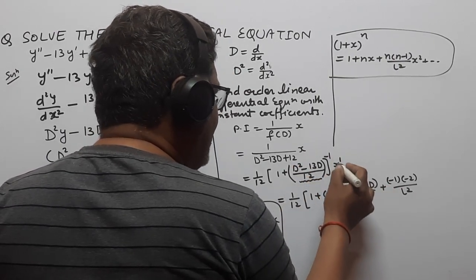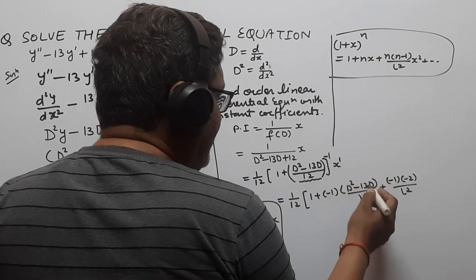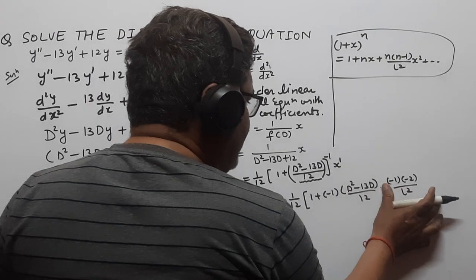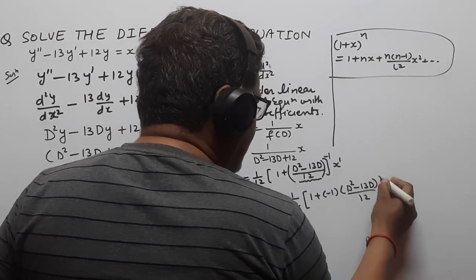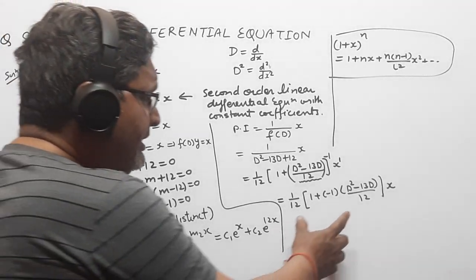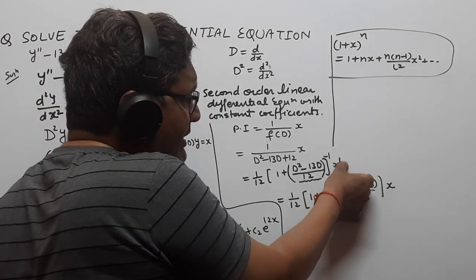So we take only those terms in which the power of D is at most 1, and we don't take the later terms.